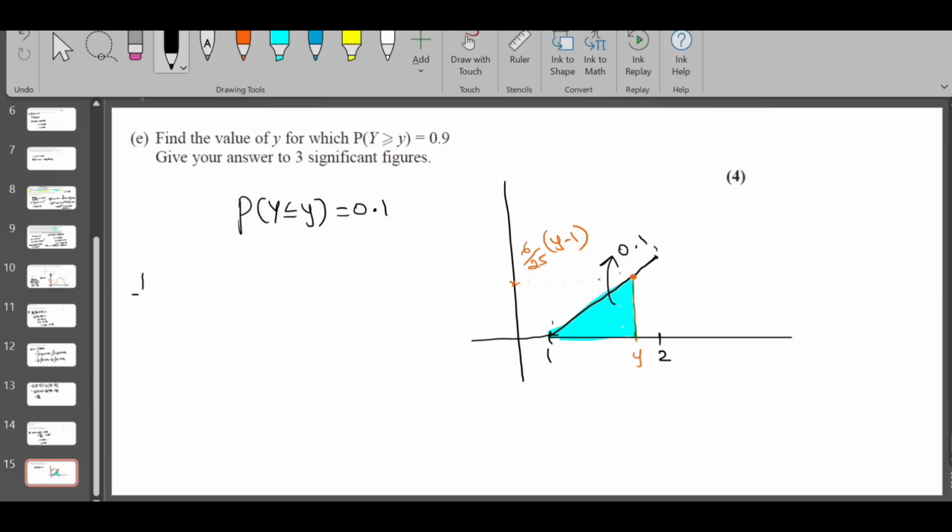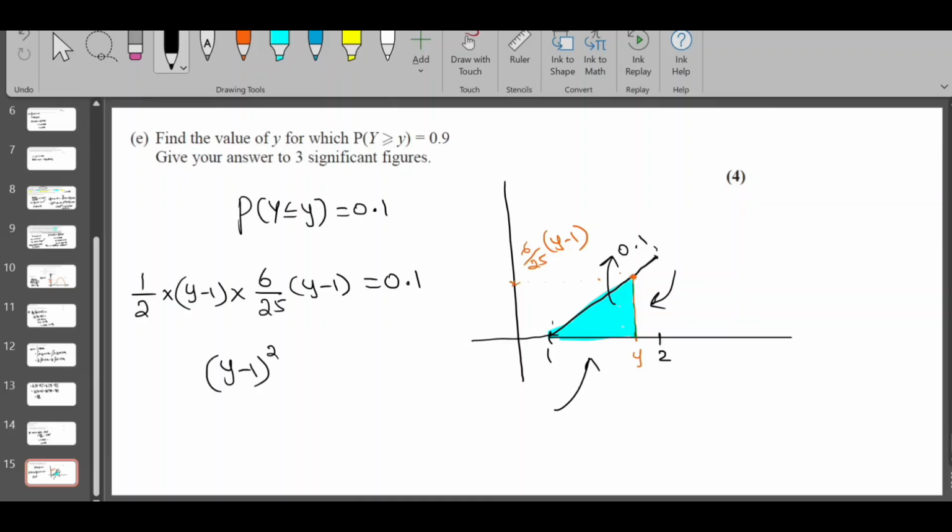So you can write half times base, which is y minus 1, times height, the y coordinate of the point, 6 over 25 times (y minus 1), equals 0.1. So y minus 1 times y minus 1, whole square.